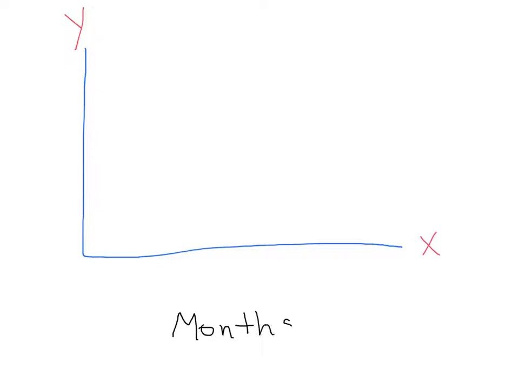Pardon my sloppy writing, as I'm writing with my finger. But we'd have January, February, March, April, May, and all the way until we have December at the end.